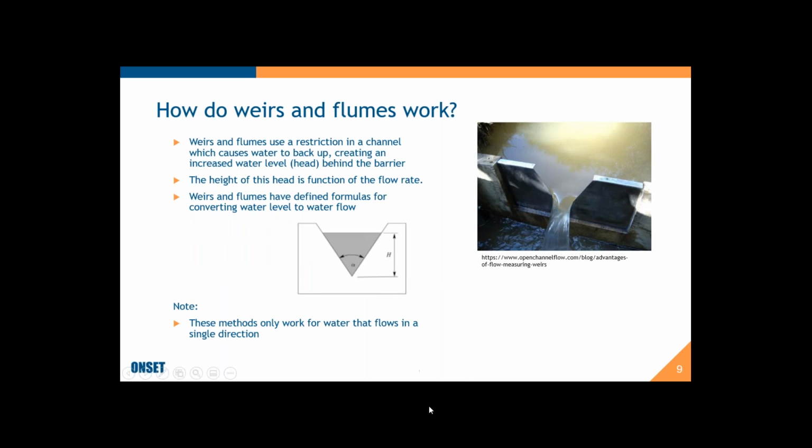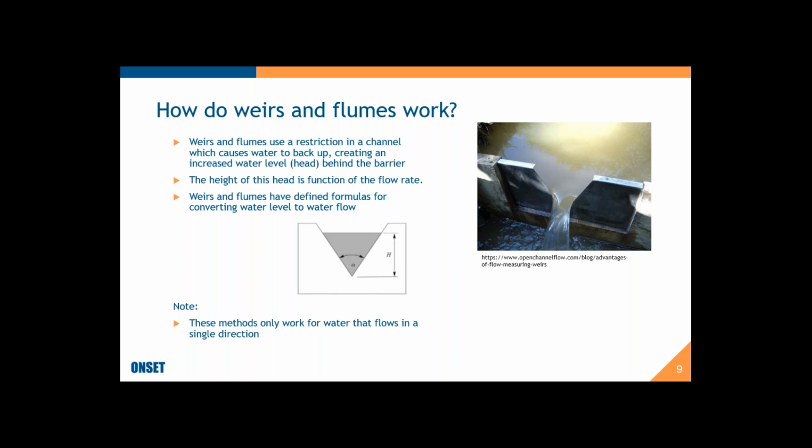Some of this is probably going to be a review for a lot of you. How do weirs and flumes work? Basically, weirs and flumes are some sort of restriction in the flow of the water that causes the water to back up. And as the water backs up, that increases the water level. We often call that increasing the head behind the barrier.